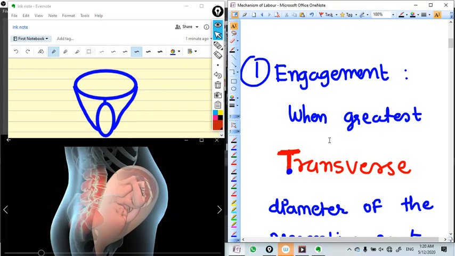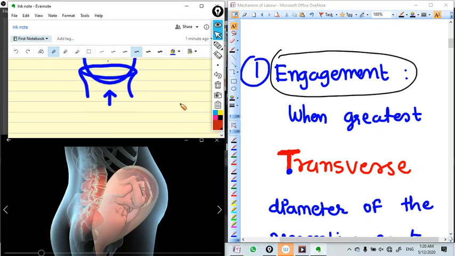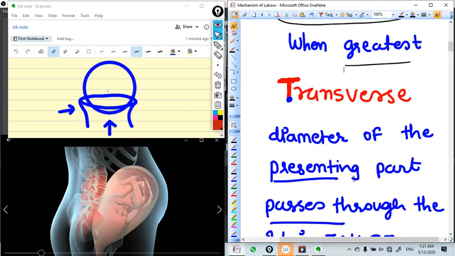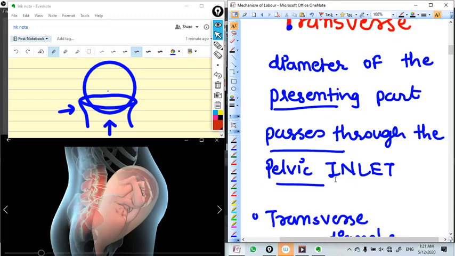First thing in the mechanism of labor is engagement. Now, what is engagement? You can see here, this one is the pelvic inlet and this ball-looking structure is the head. Engagement means when the greatest transverse diameter of the presenting part, that means head in this case, passes through the pelvic inlet.